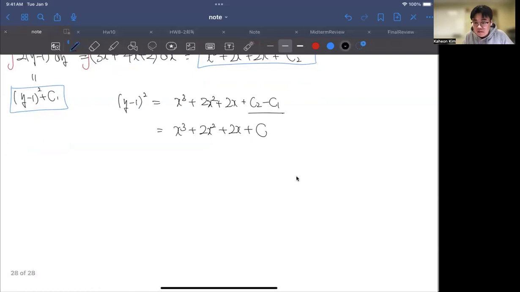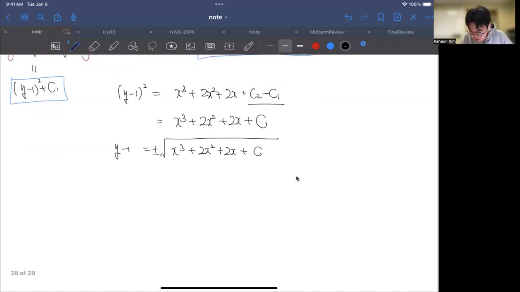And we can take the square root, but we have to judge whether it will be a plus sign or a minus sign, right? Plus or minus. We have to judge whether it's plus or minus.